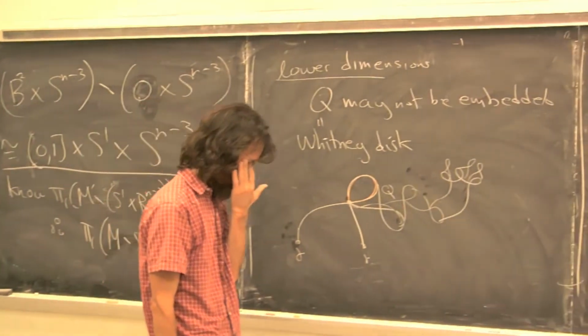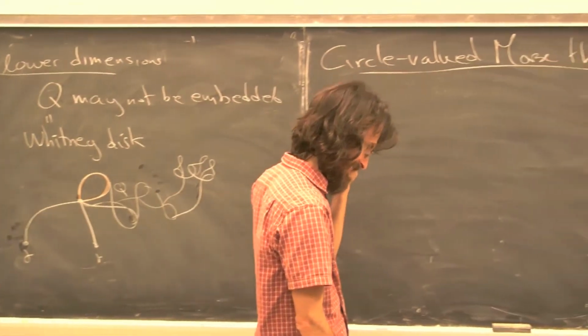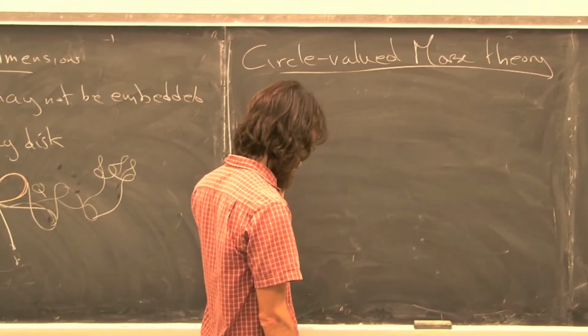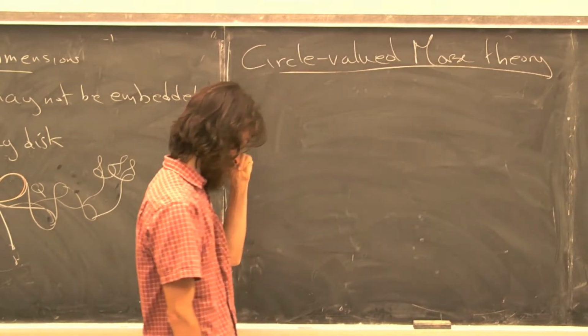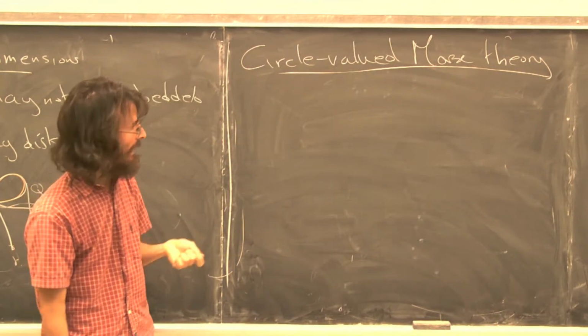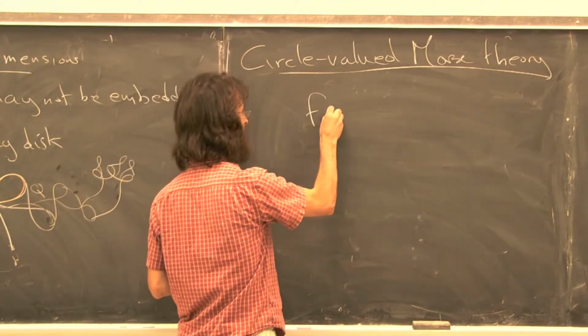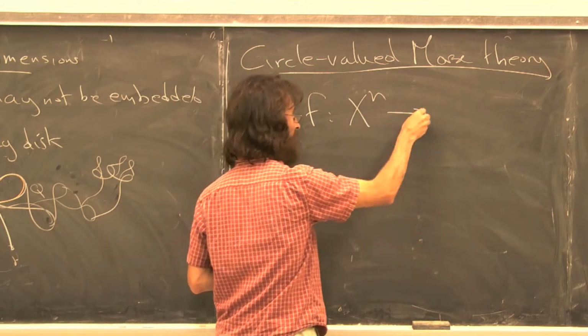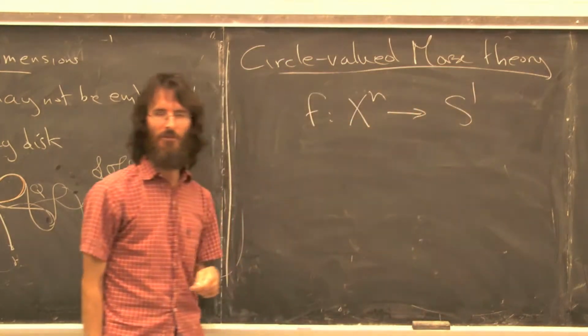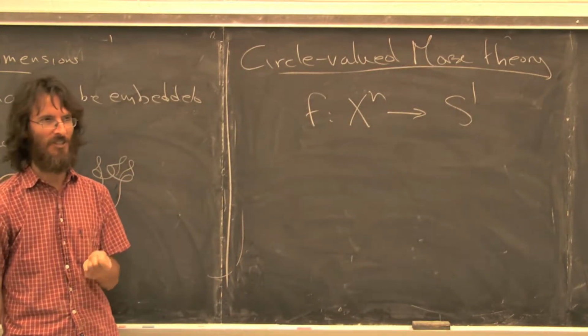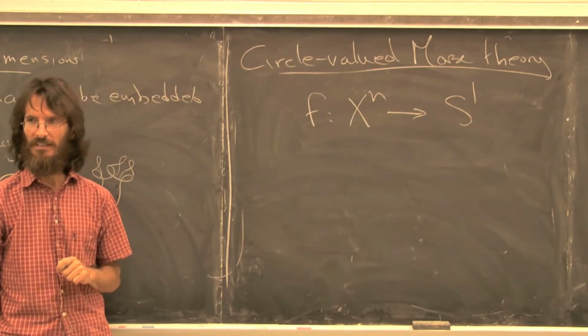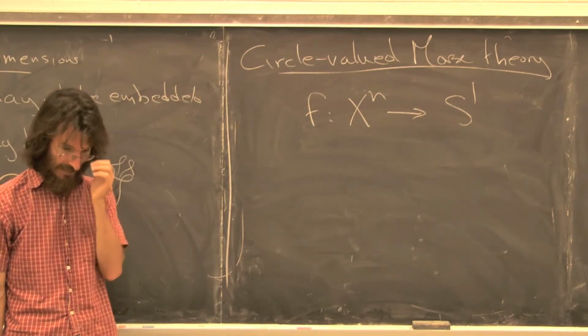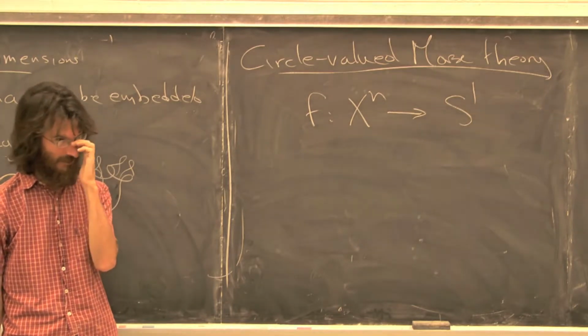But I'll start with just the idea. We're going to have a function f now from the manifold to the circle, and it's going to be locally Morse. So all this thing about existence of Morse functions goes through just fine, because that's all really local constructions.